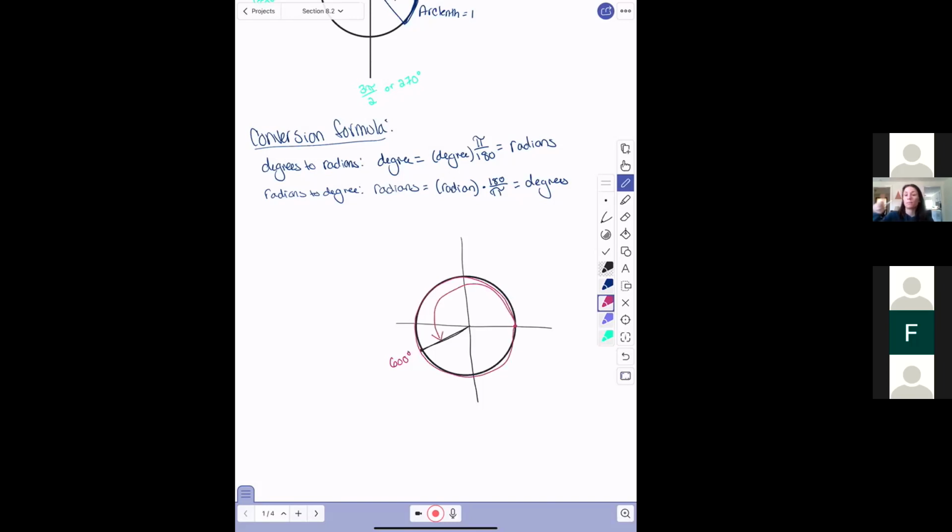Okay, so we could keep circling around, and if we keep adding 360, we'll get higher and higher degree numbers, but it will show the same angle. Okay, same thing with radians. This is about 10 over 3 pi radians as well. So if we start here and we go around to 2 pi and then around this angle more, we're left with 10 over 3 pi radians.